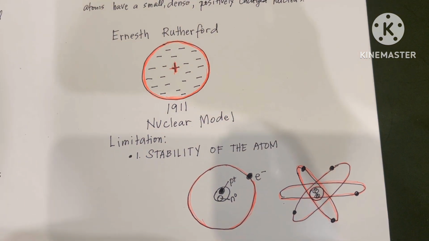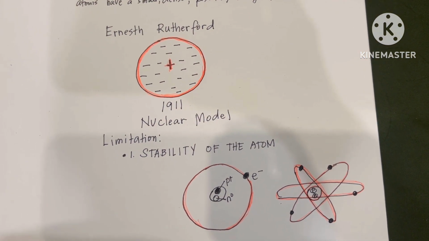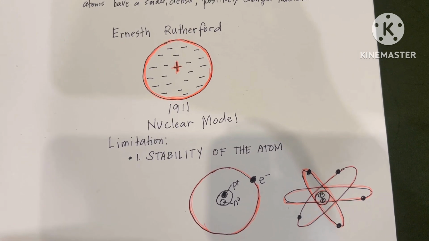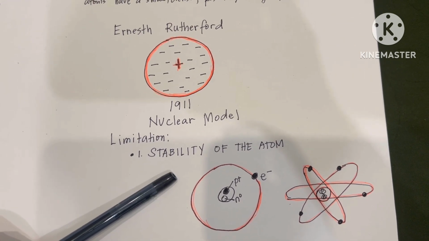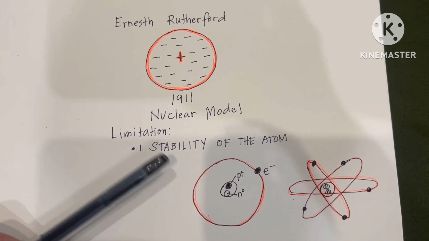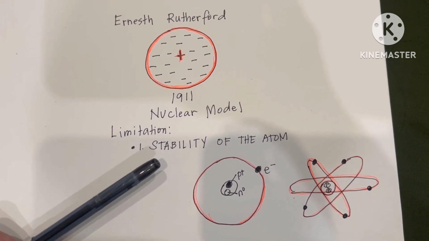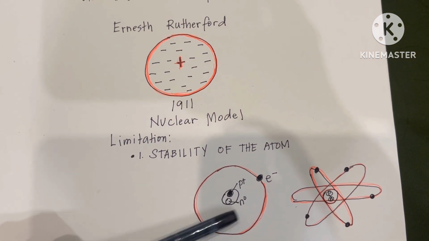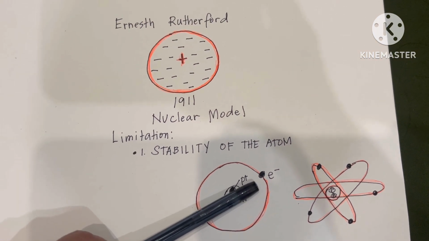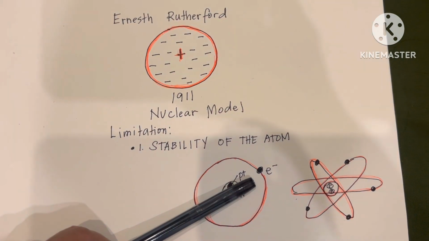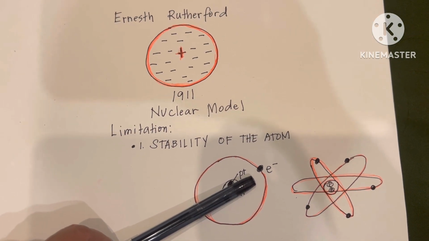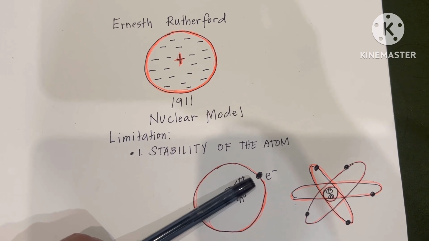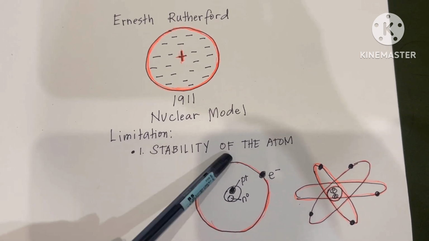Okay, next, let us have Ernest Rutherford's nuclear model. Now, let us learn the different drawbacks of Ernest Rutherford's model. First, it could not explain the stability of the atom. According to Maxwell's electromagnetic theory, when electrons are revolving around the nucleus, because electrons are negatively charged particles, according to Maxwell's electromagnetic field theory, when a charged particle is under acceleration, it will give out energy.